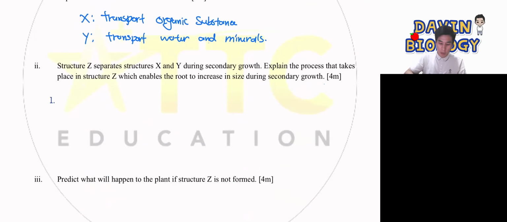But they want 4 marks, so could I explain in more detail? Number one, mitosis is 1 mark already.